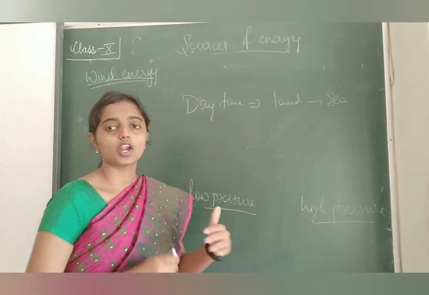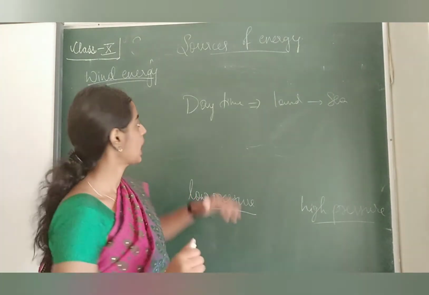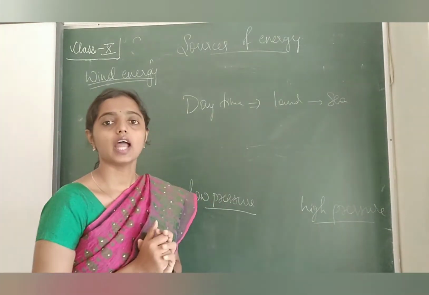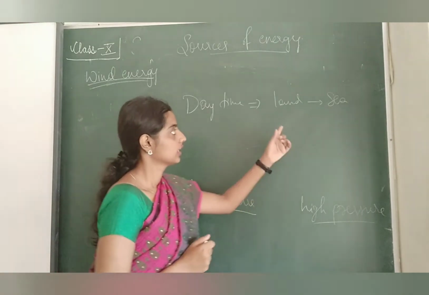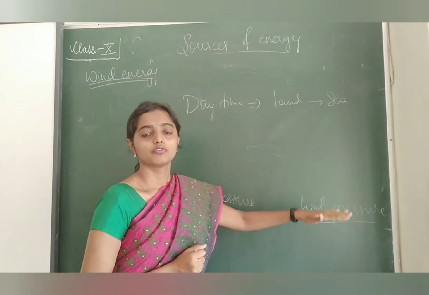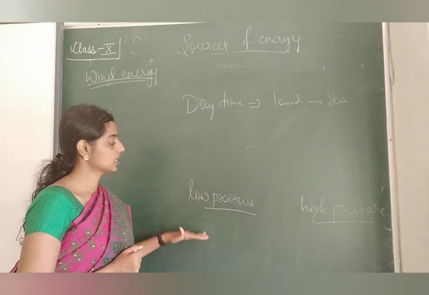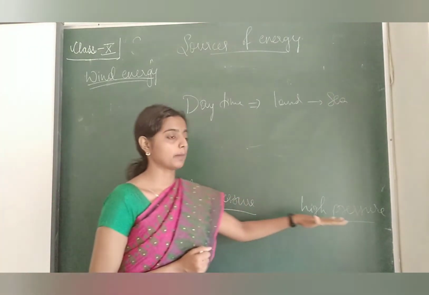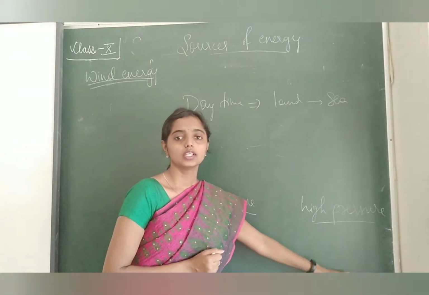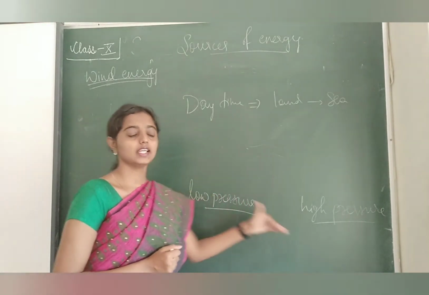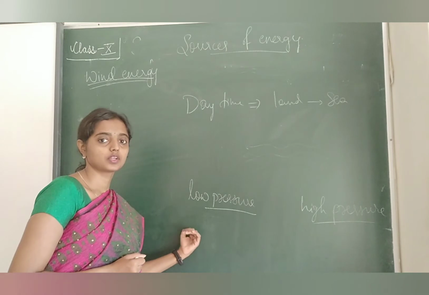Now just imagine what happens in the night time, that is, in the absence of the sun. In the absence of the sun, the land which was warmed will quickly become cooler than the sea. So the temperature will become cool on the seashore quickly compared to the sea.